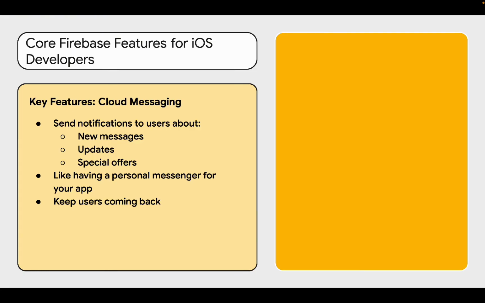It's like having a personal messenger for your app, keeping users coming back to your application in terms of updating them. Maybe you have an application that updates users about a particular region, like I said, like a safety application that says this region is not safe in Nigeria. You can keep users coming back because the application is worth it, right?